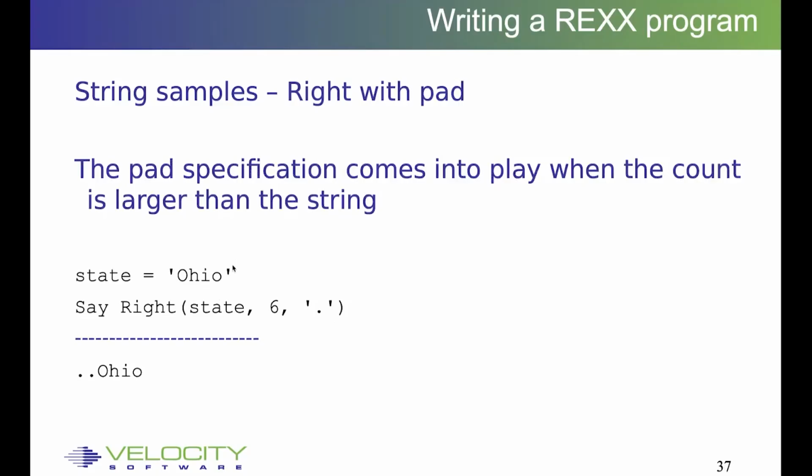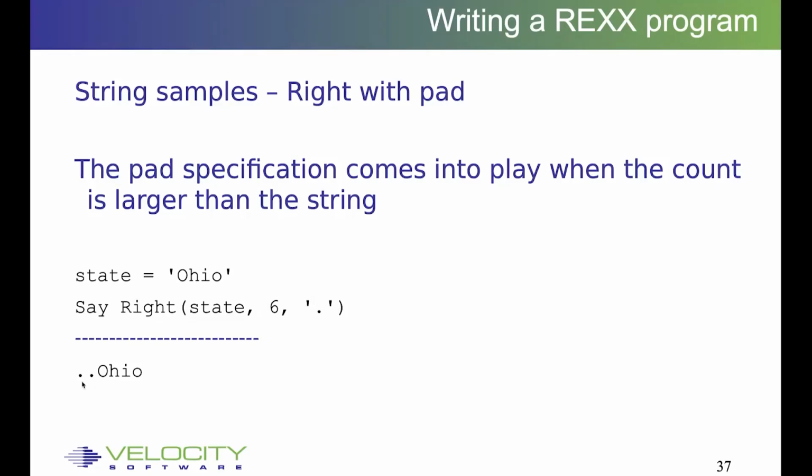Pad comes into play when the string is shorter than the count. So in this case, state is Ohio, and we're going to display the right 6 characters of state with a pad character of a period.